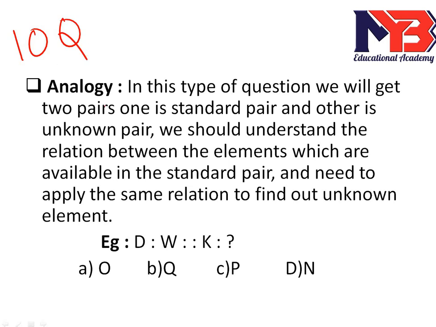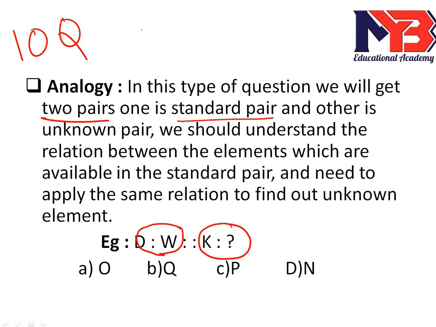If you look at the analogy question, how they are going to project it is, in this type of question we'll get 2 pairs. The first pair will be treated as a standard pair, and the second pair is going to be the unknown pair. You need to understand the relationship between the elements in the standard pair, and execute the same relation to find the unknown of the other pair.